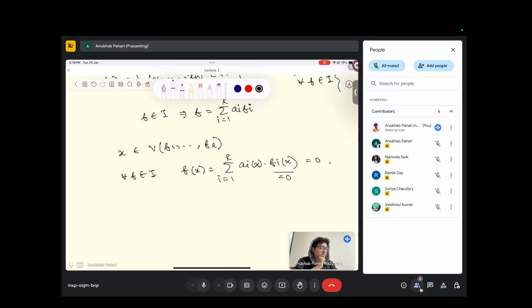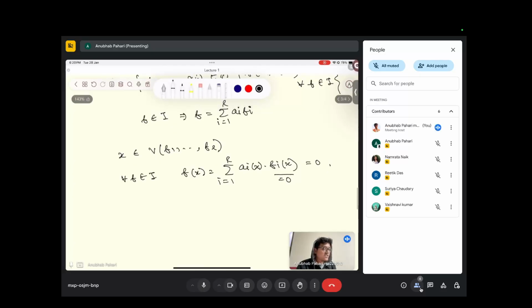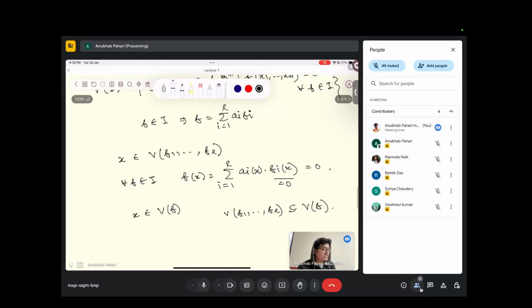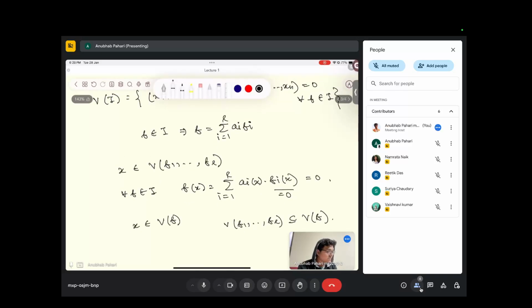It doesn't matter what value we get from ai(x). So x should be inside V(I), and at least this direction you are getting, that is V(f1, ..., fL) is inside V(I).